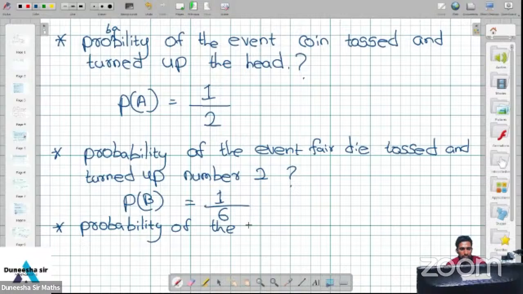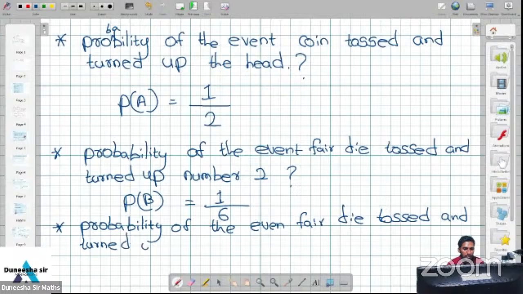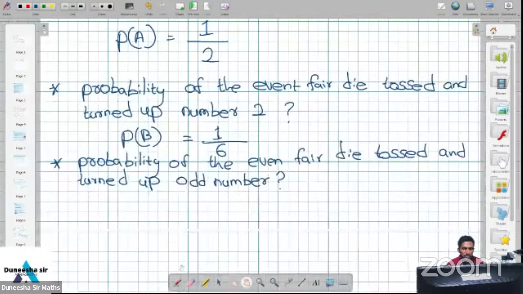Event pair of dice tossed and turn up odd number. Okay, odd number. P(C). What is the probability of getting odd number? You know how much is the sample space, and you know also how many odd numbers in the die. Can you take the probability?